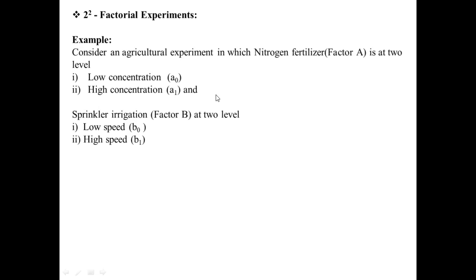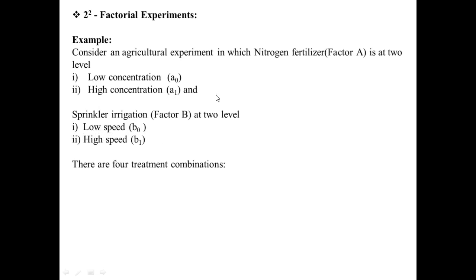With the help of these 2 levels of 2 factors, we want to check the yield of that particular crop. Okay, so do these 2 factors have any effect on yield of crop? We want to check these effects with the help of this 2 square factorial design.